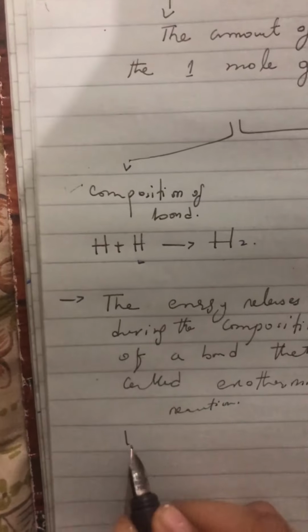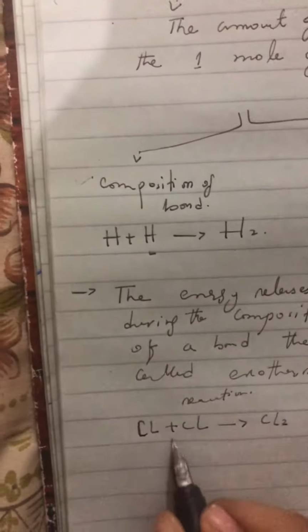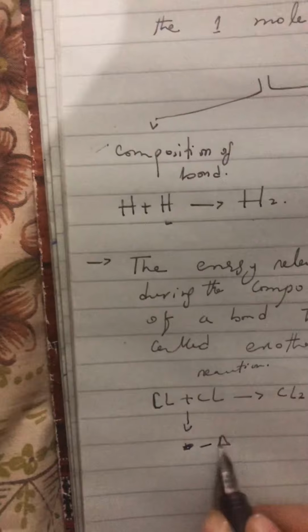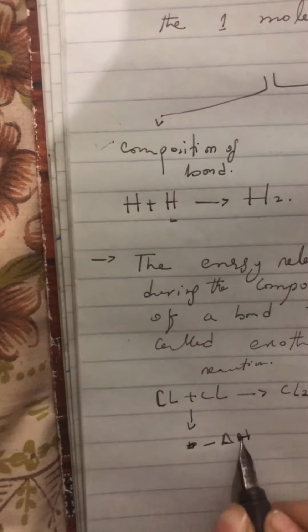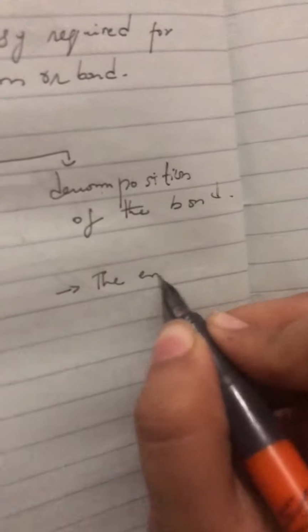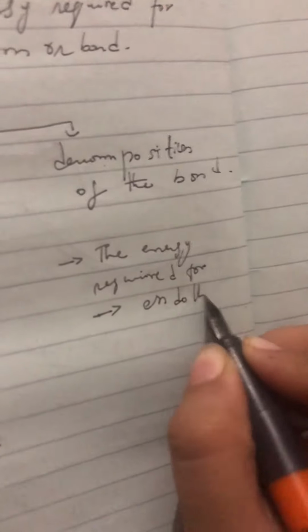Like here, if we have chlorine plus chlorine, and we make Cl2, the energy that releases will be shown as minus delta H, right? If we talk about the decomposition, the energy required for decomposition of the bond, that process is called the endothermic reaction.